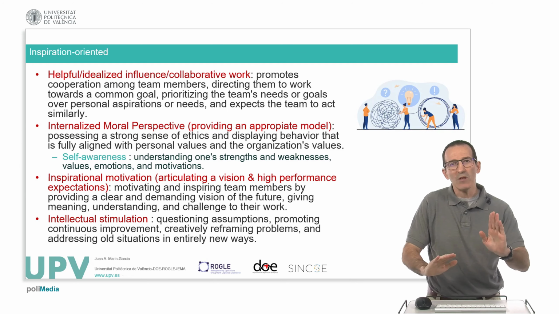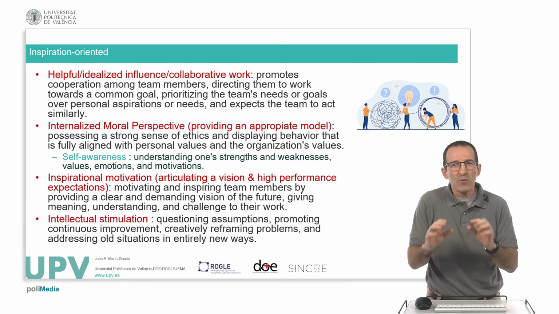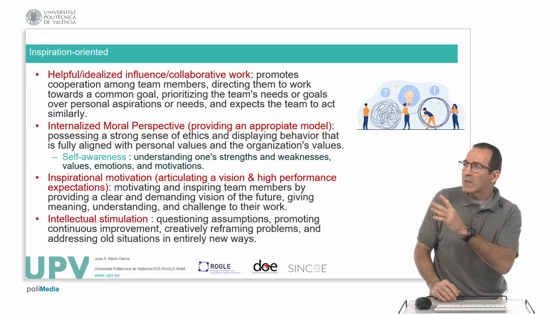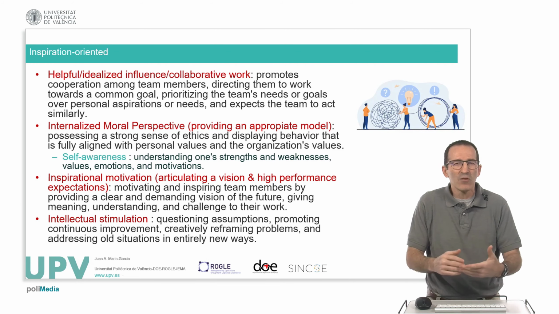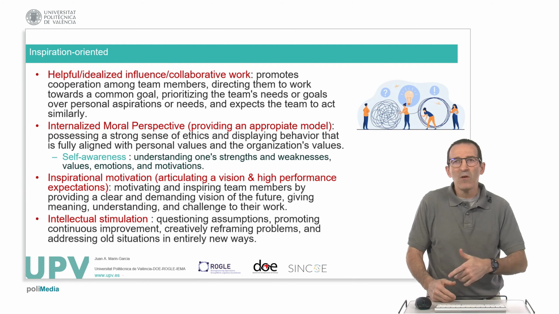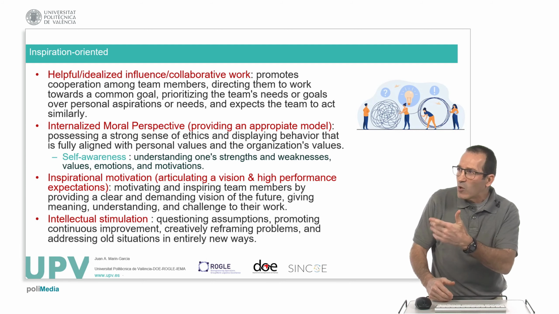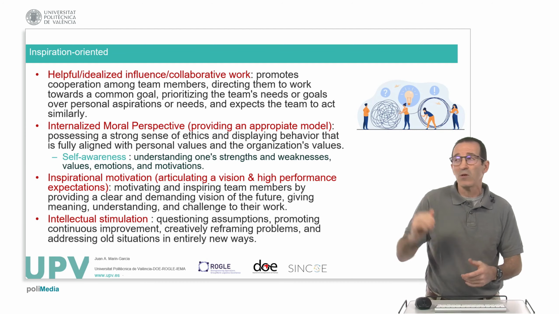Thus, the transformation label will represent this set of pure styles that primarily tend to inspire team members. It is linked to servant leadership, it is linked to internalized moral perspective, it is linked to inspirational motivation, it is linked to intellectual stimulation, and as I have already mentioned, self-awareness, which is a dimension of the internalized moral perspective.